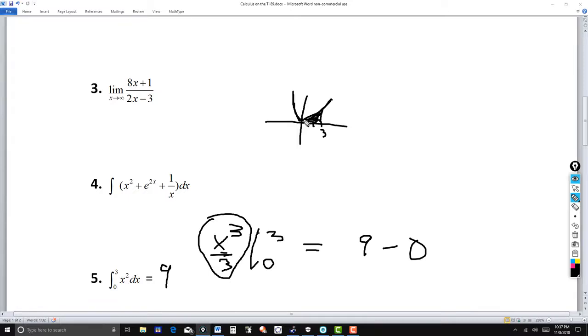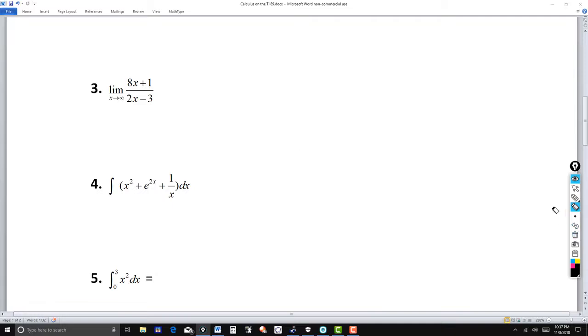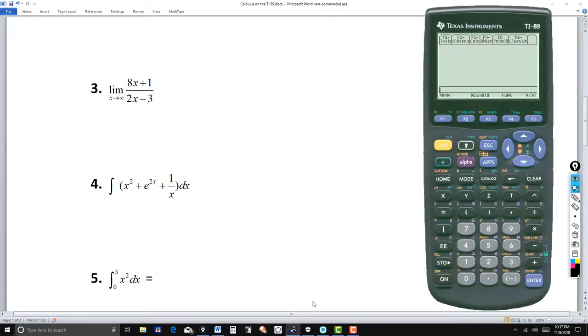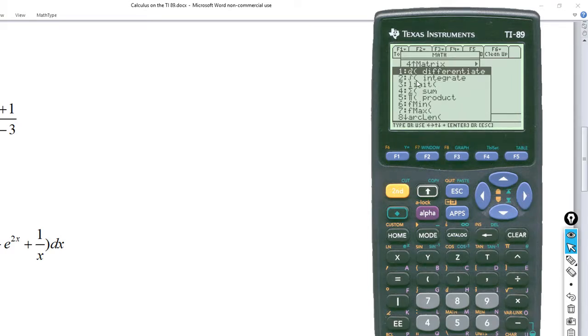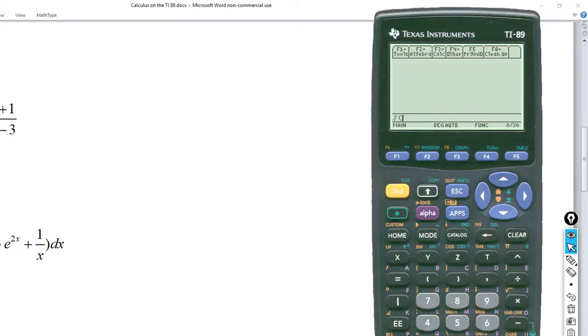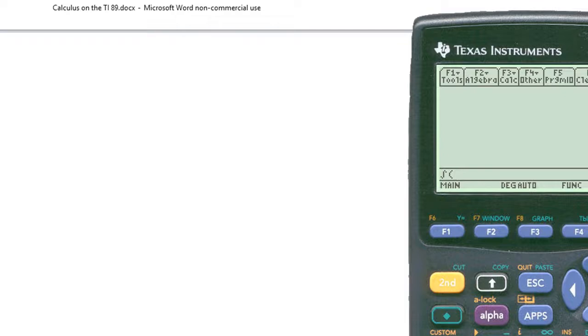Now, if we do it in the calculator, again, second, and then 5, go to calculus, and then again over to integral number 2, and I just enter the function, so this will be x to the second, and then comma x, that's the variable, and then I enter the lower and the upper limits, which will be 0 and 3 respectively.